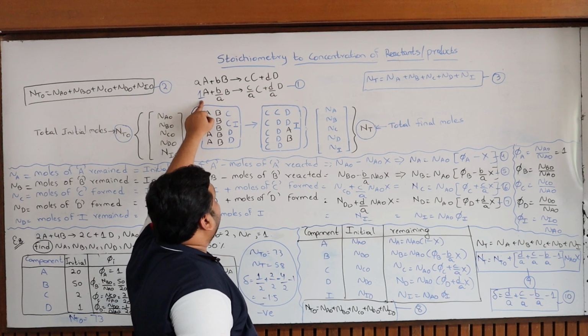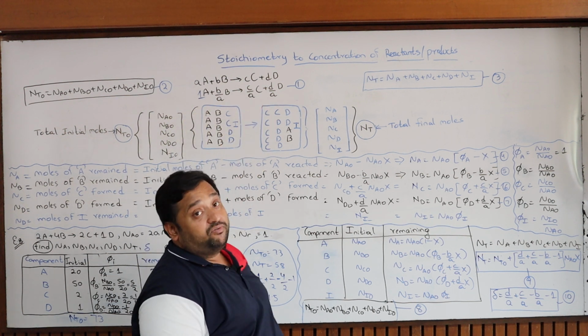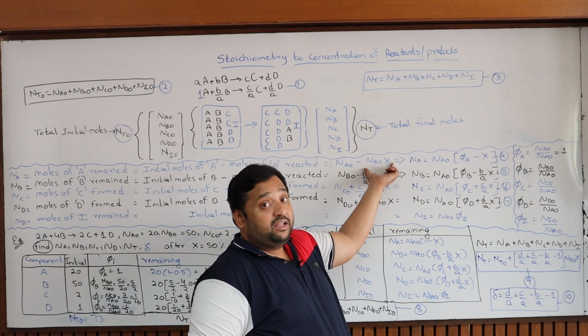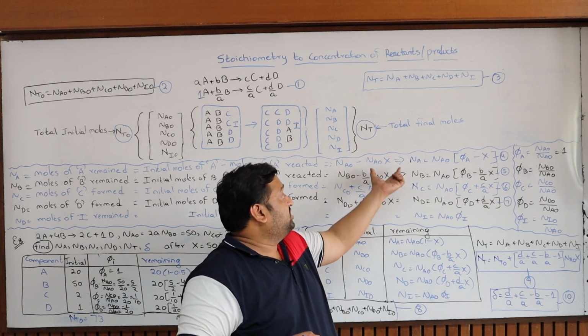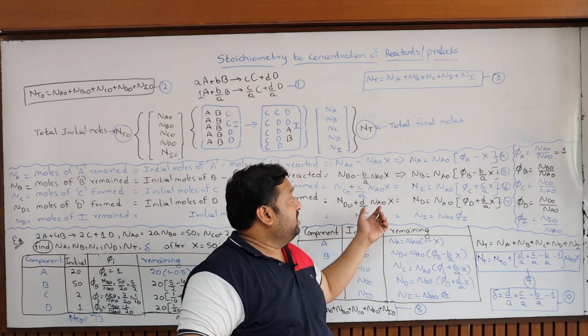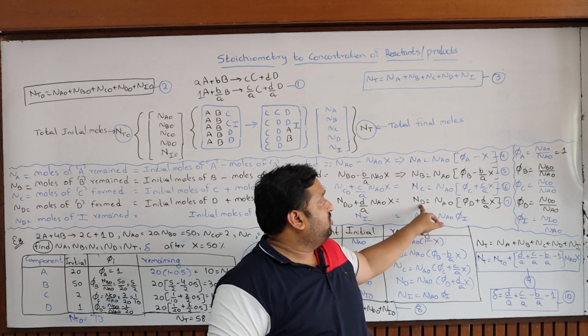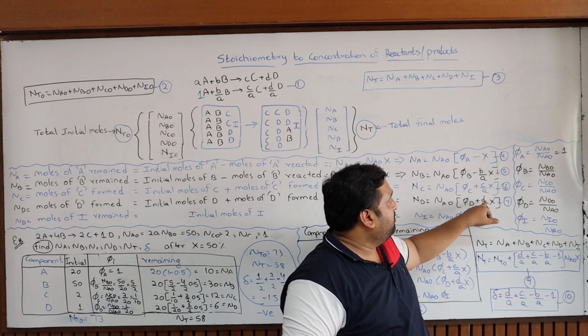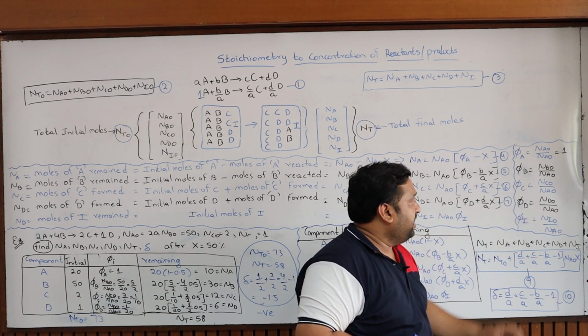For every 1 mole of A reacted, D by A moles of D are formed. Because this is the amount of A that reacted, D by A times this much D is going to form. So Nd is equal to Na0 times phi D plus D by A times X, where phi D is equal to Nd0 by Na0.